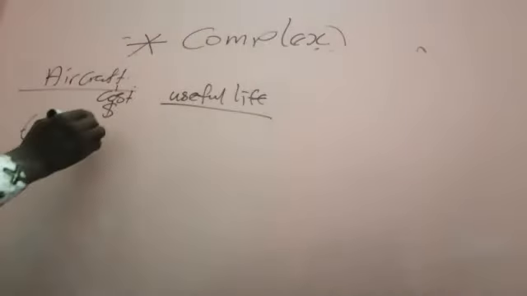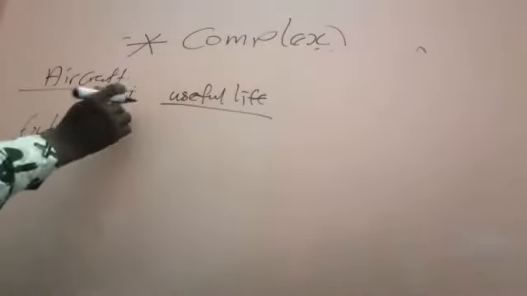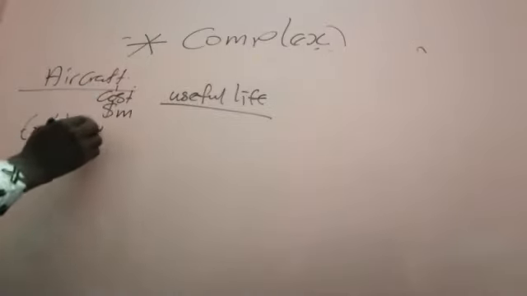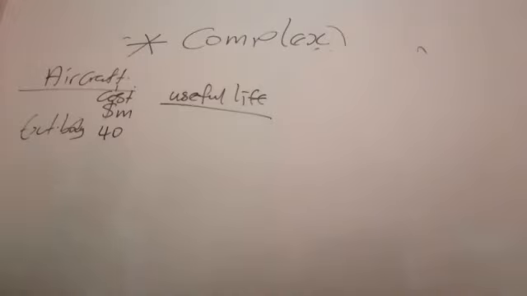Let's assume that this one is in million. This one is 40 million. That is the exterior body, 40 million. Then what again? We can talk about the undercarriage.